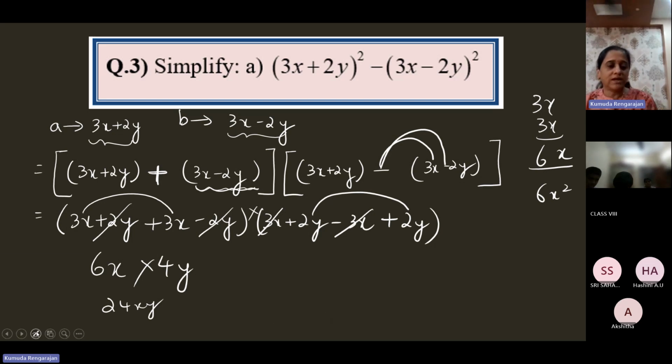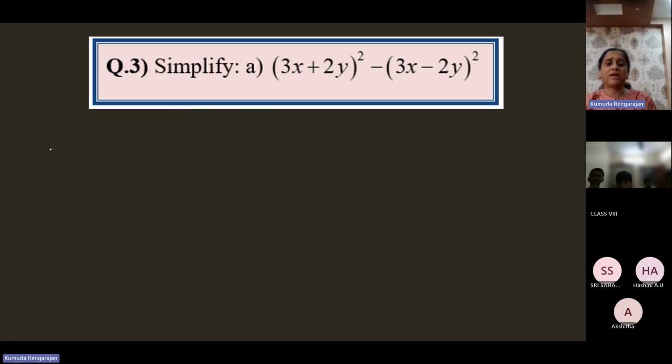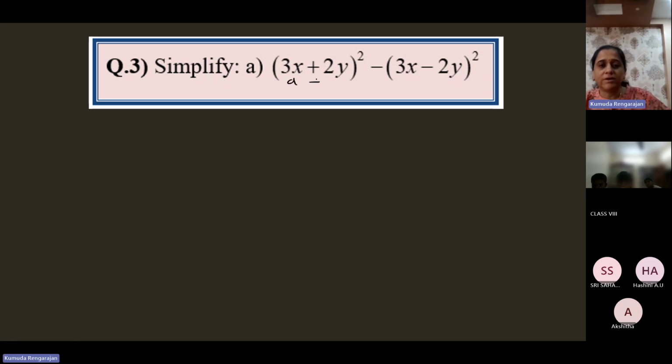The other method is expanding the first bracket using a plus b the whole square, and expanding the second bracket using a minus b the whole square. So the first bracket is in the form a plus b the whole square, and this is a minus b the whole square.